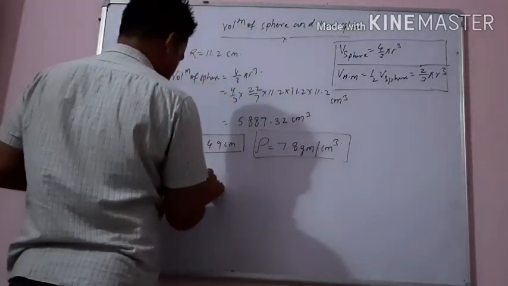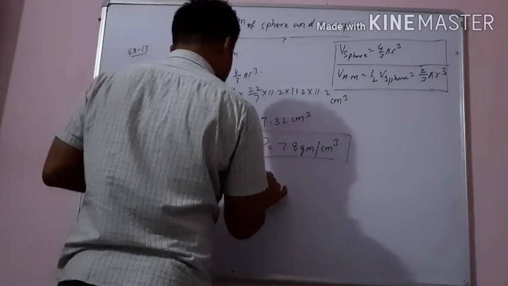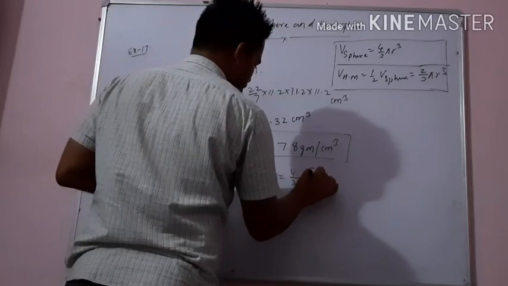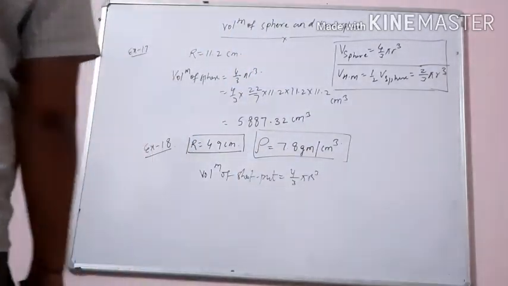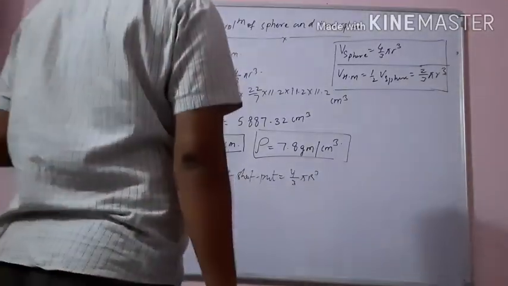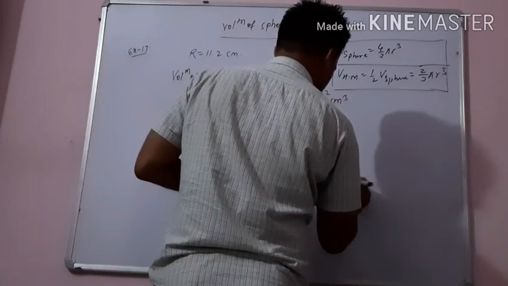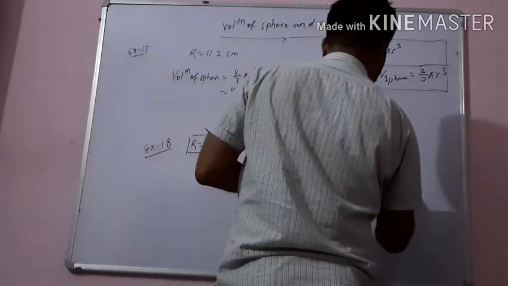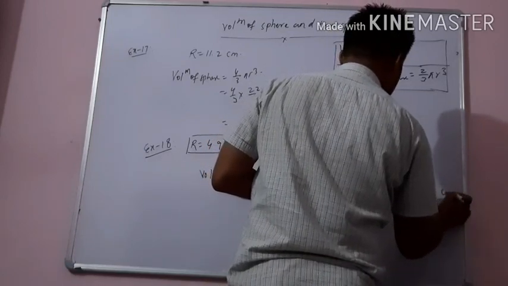So volume of the shot put will be 4/3 pi r cube. Why? The shape of the shot put is a sphere. Now 4/3 multiply 22/7, and r is 4.9, so 4.9 multiply 4.9 multiply 4.9 centimeter cube.